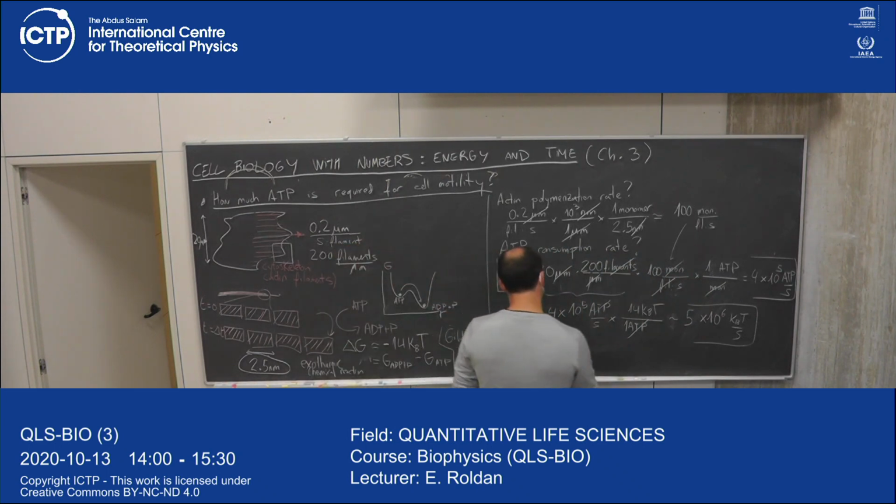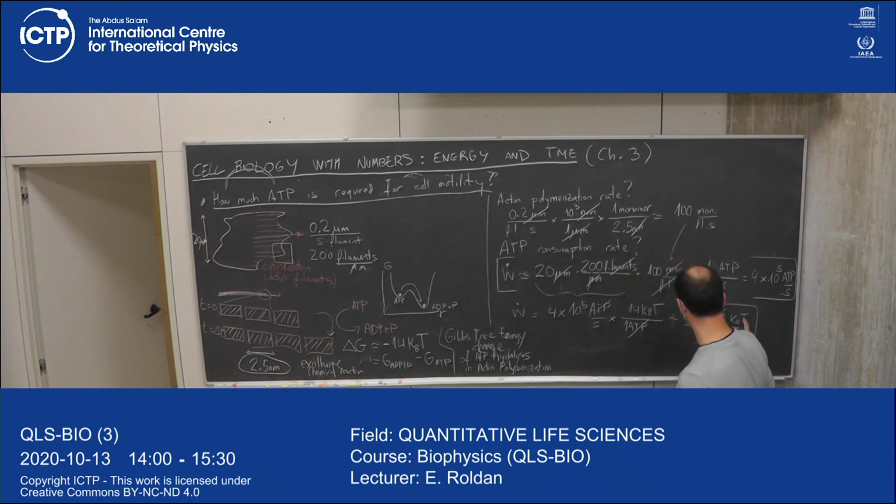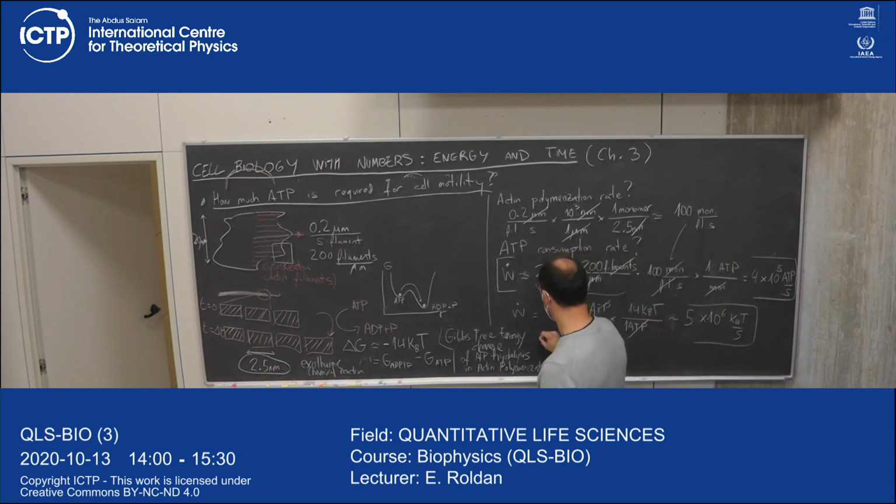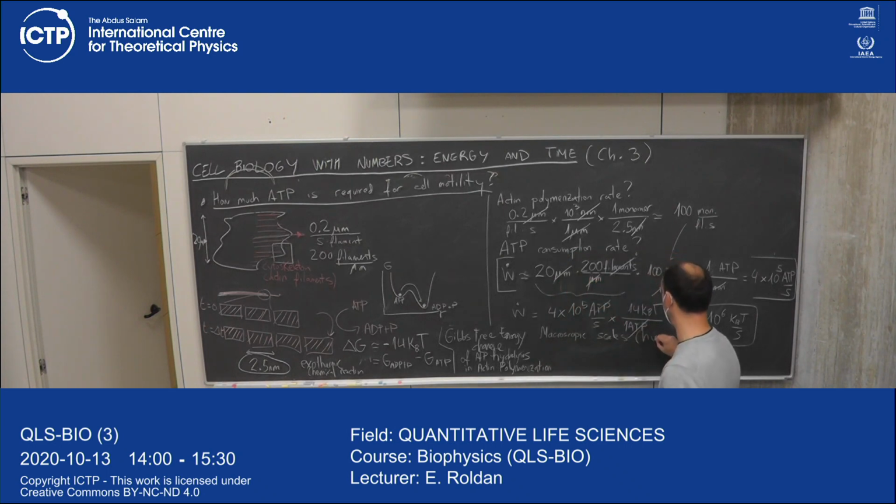So this is in the scales we care about, kT, ATPs per second. We care about these scales, but if we want to do this in macroscopic scales, let's say human scale, the unit of power will be watts.